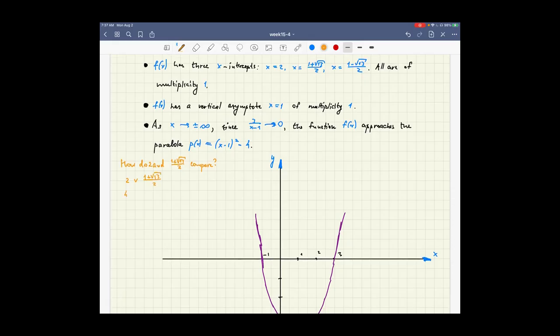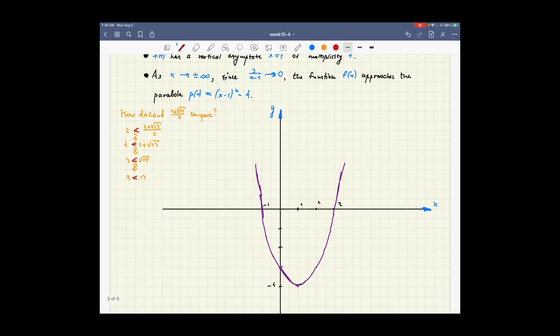So multiply by 2. So we see immediately that 2 is less than that number, 1 plus root 13 over 2.